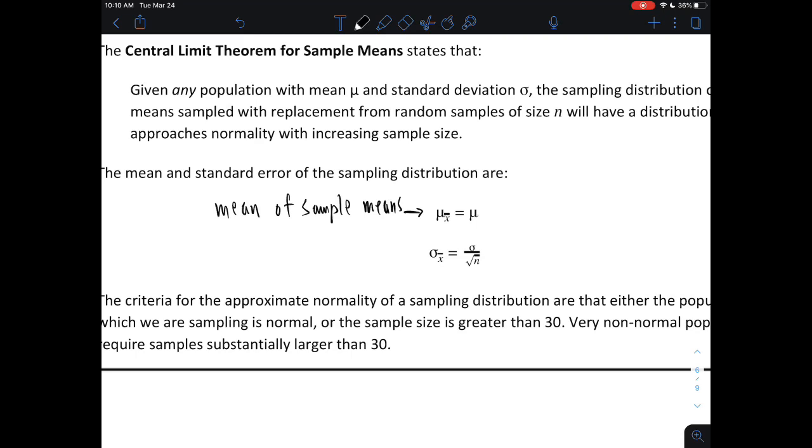And then we have is equal to mu on the right, that is just the symbol for population mean. And then the next equation that we have, sigma sub x bar, that means the standard deviation of sample means.